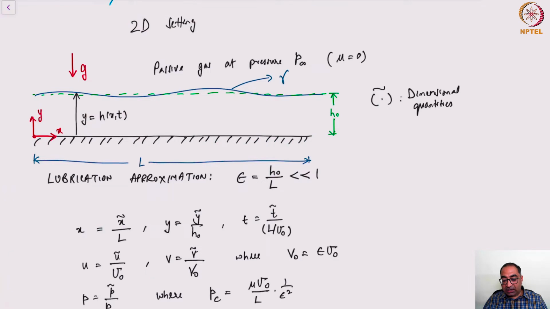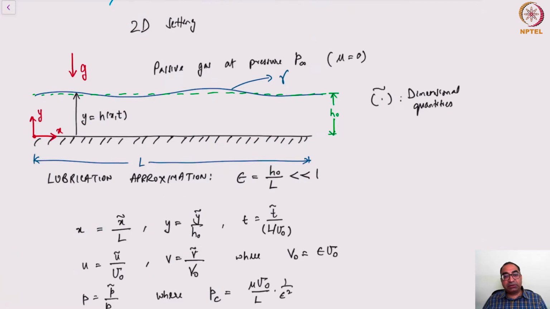Now, at this point, I'm not going to define the scale u0, which is a velocity scale. That is because the characteristic scale u0 for velocity depends on the problem that we're taking. For example, if it's a capillary driven problem, then the velocity scale could be defined as a balance between surface tension and viscosity.